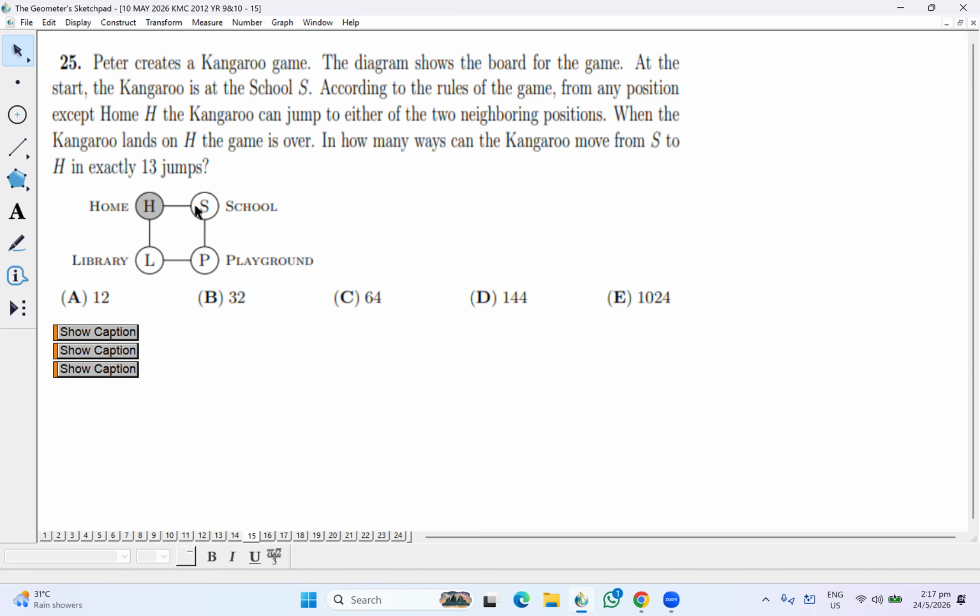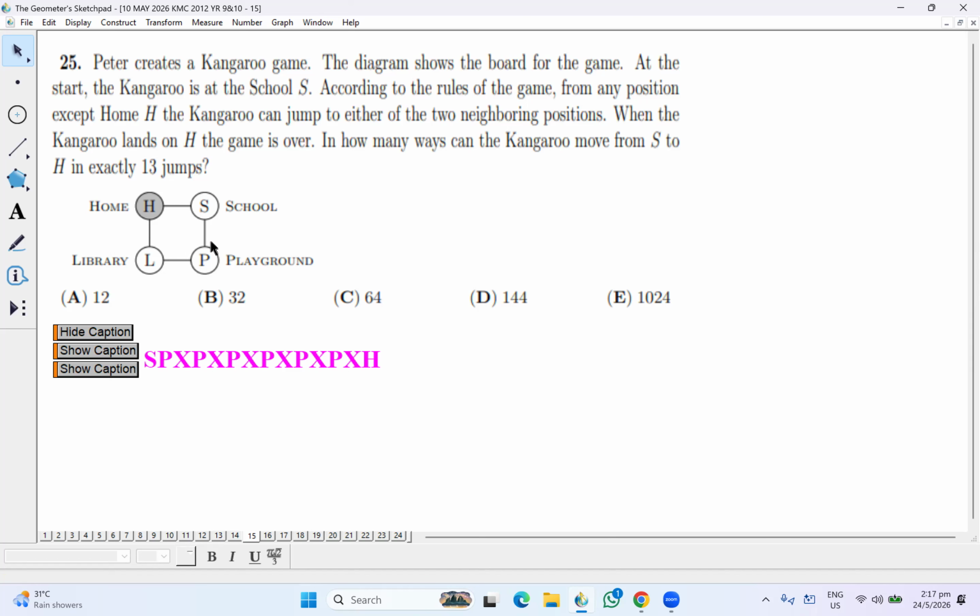So the first jump must be S to P. After that, there are 2 possibilities, either library or school. So we show it like this: school, go to playground, then X. X because there are 2 possibilities, library or school.